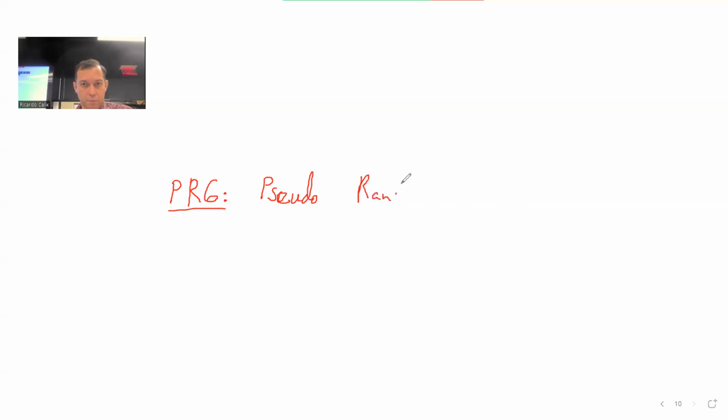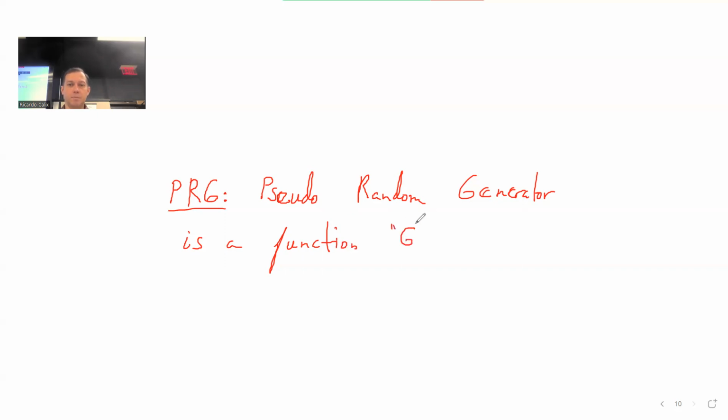Basically, a pseudo-random generator is a function, let's call it G, that takes a seed and produces a pseudo-random key.